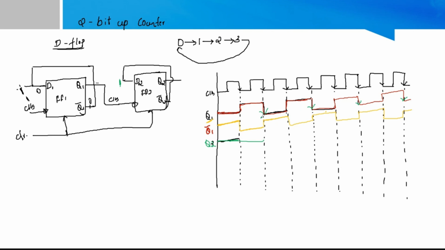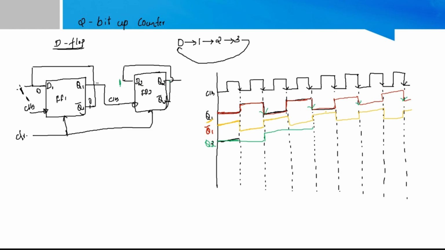Once the clock pulse hits, nothing but the clock edge arrives, you will get the Q2. What is the D2? D2 is high. So till the next falling edge of the clock, the output will be high.